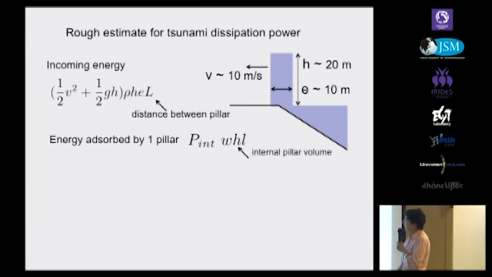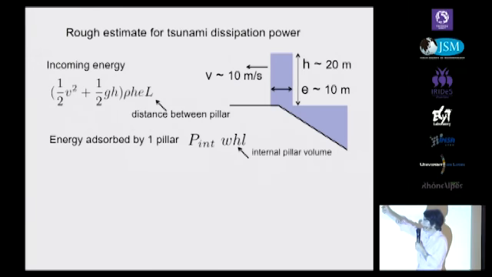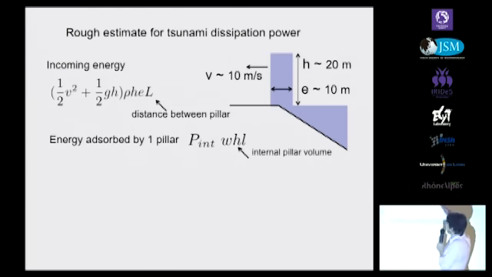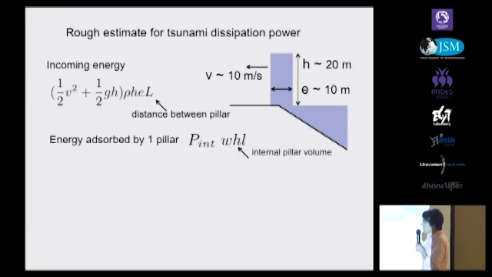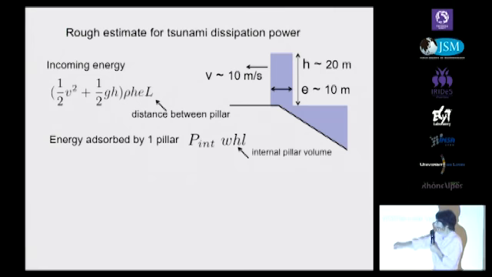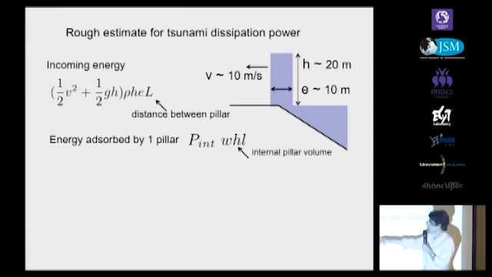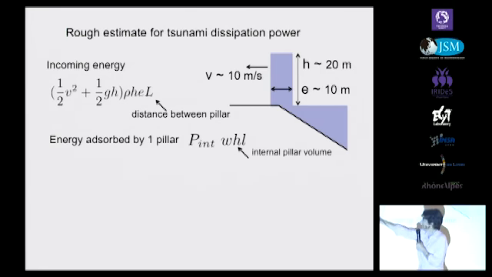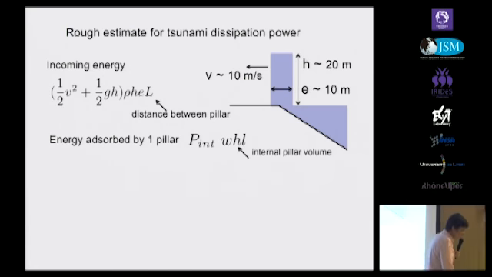And then we could balance a wave with a length L along the coast, and the energy absorbed by one pillar, which of course depends on the intrusion pressure and the volume inside the pillar.